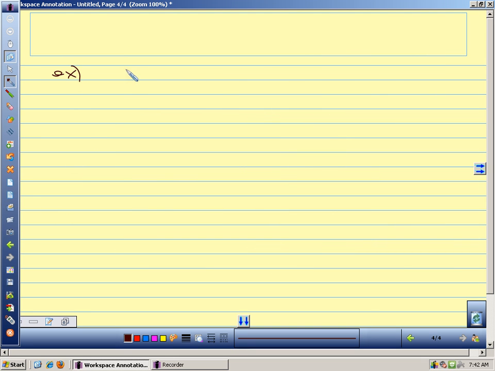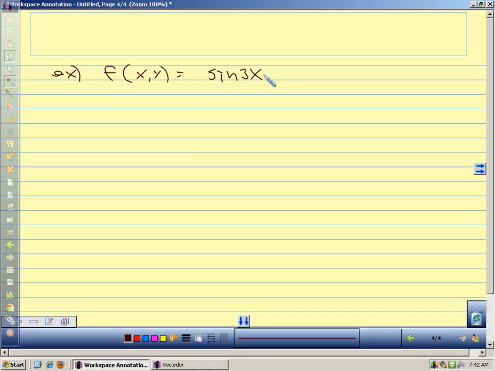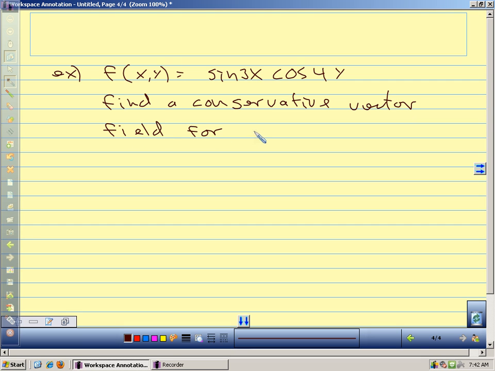If we have f of x, y in the plane is sine 3x cosine 4y, and we want a conservative vector field, our problem asks us for this potential function.